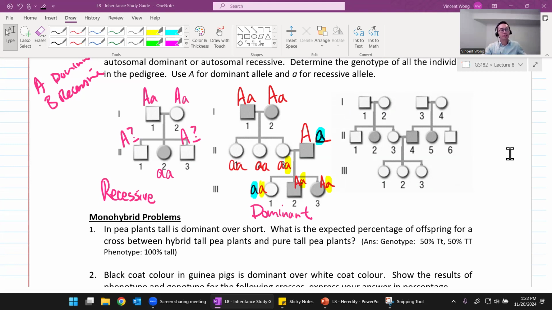Dominant or recessive? Okay, choose something, please.